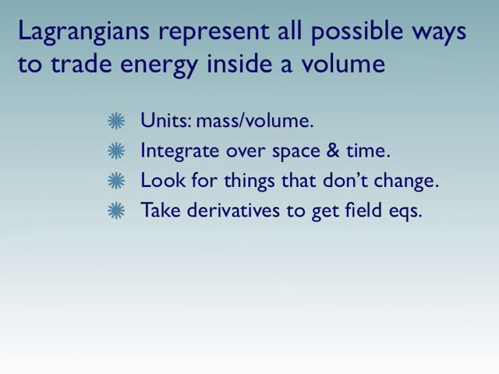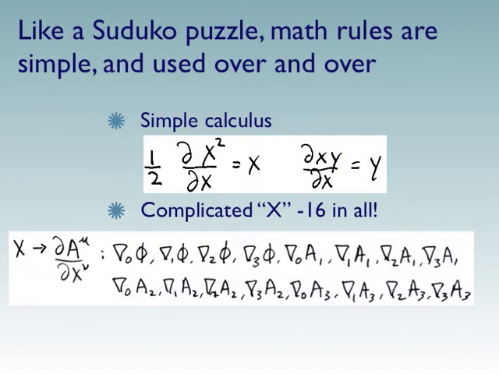And it's this sort of process that allows us to take particular derivatives of the Lagrangian and end up with the field equations. And that's exactly what we're going to do. But first, we need to learn a few tricks. And they're not complicated. Like a Sudoku puzzle, the math rules are simple. They're just used over and over again.